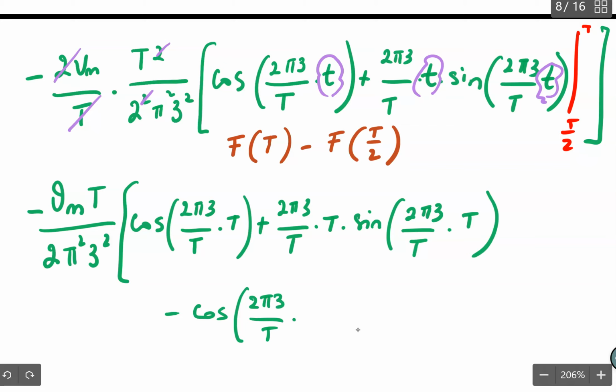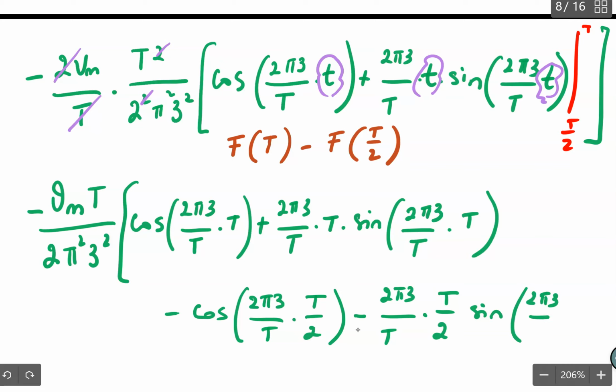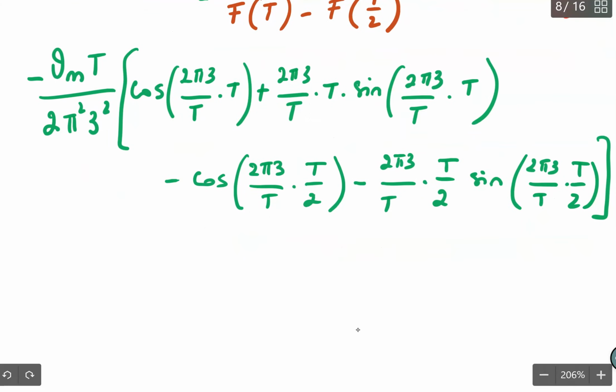Now it will be t over 2, subtract again, 2 pi 3 over t, now will be t over 2 times sine of 2 pi 3 over t times t over 2, close the bracket.